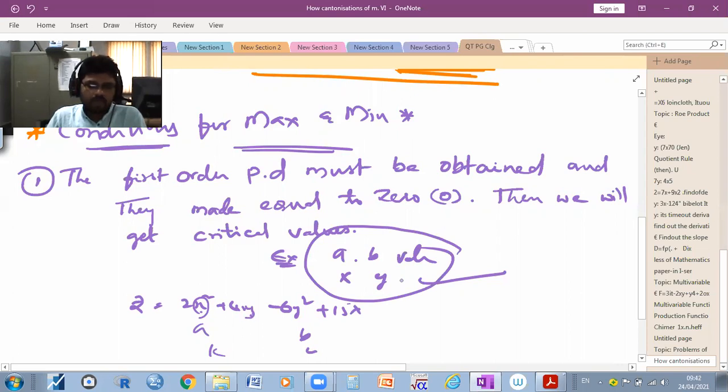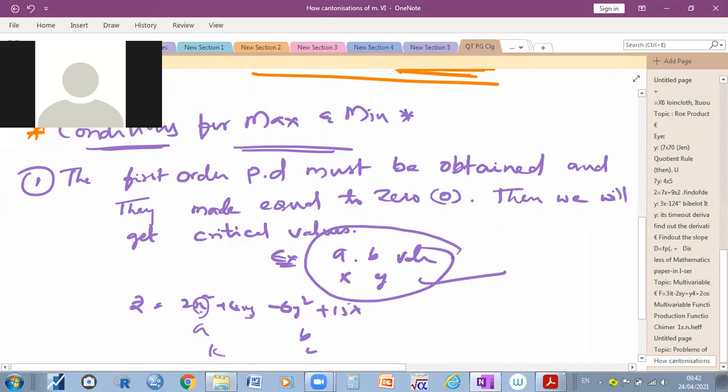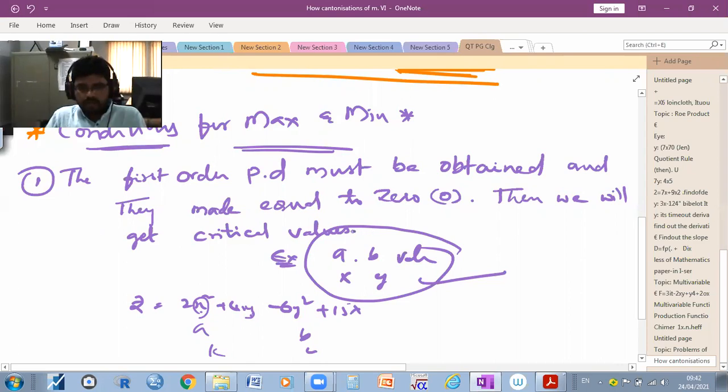Can you explain once again, sir? Yeah, have you understood this first point, whatever is written: the first order partial derivative must be obtained when we have the function.